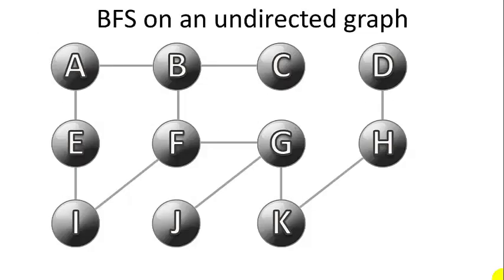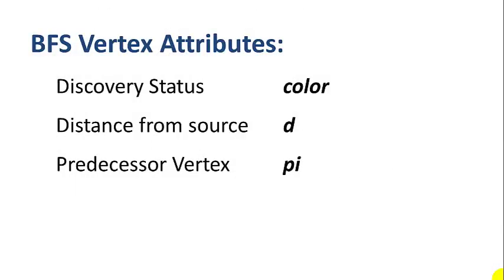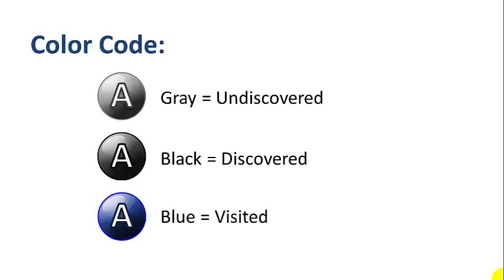So let's apply breadth first search to this undirected graph. First, we're going to assign some attributes to each vertex that we're going to need to explore the graph. So we're going to have color, which is the discovery status, d for distance from the source, and pi, which is the predecessor vertex. So each vertex in the graph is going to have these three variables.